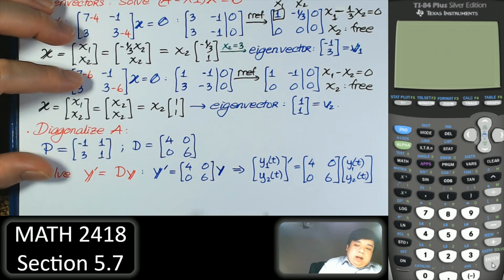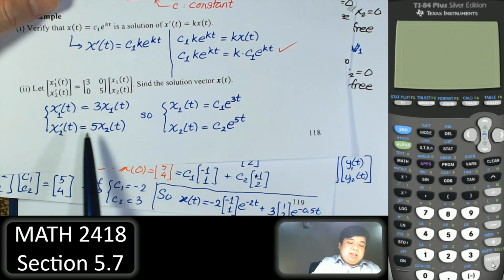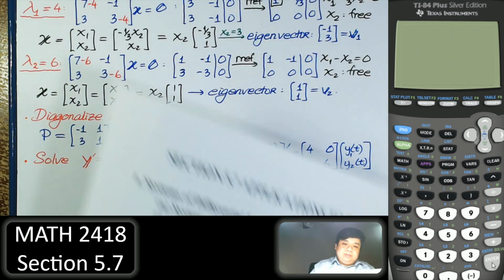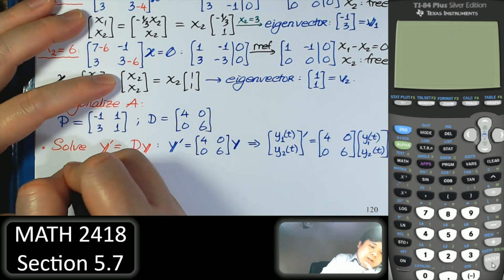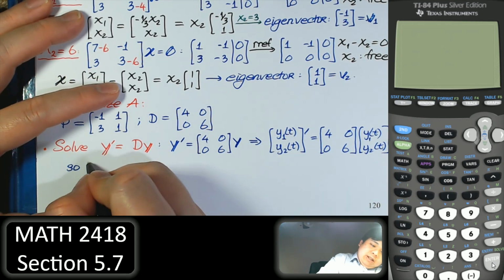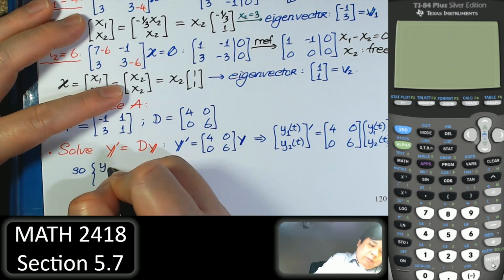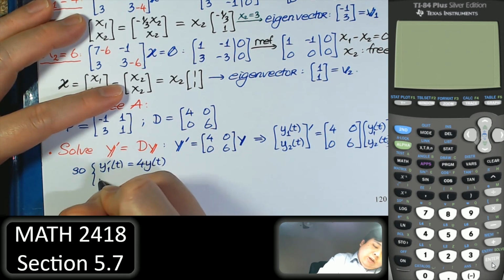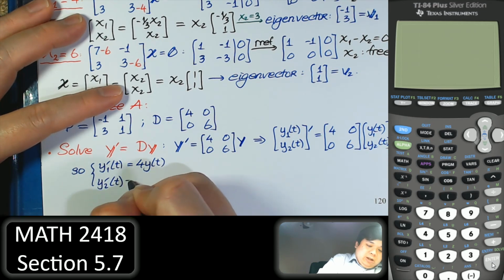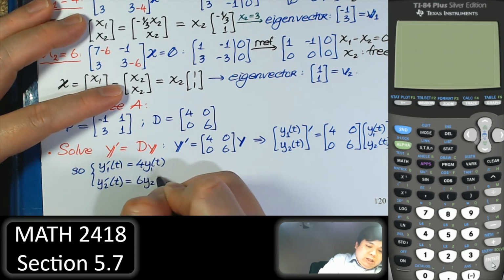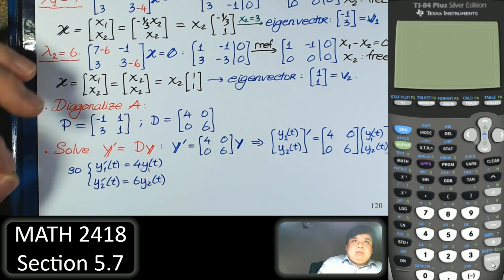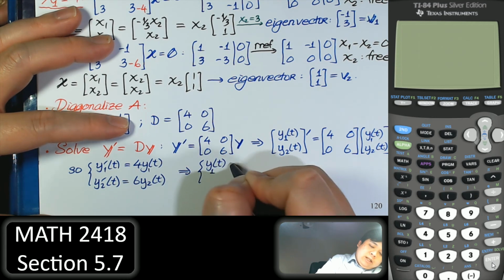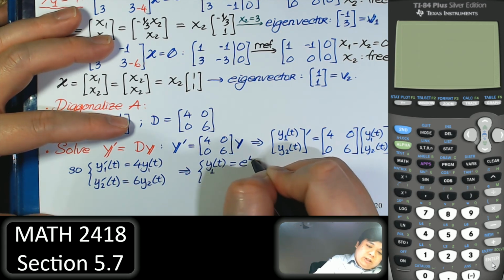Right. Of course, that's what we did on the first example. So that's going to give us y1 prime of t equal to 4 y1 of t, y2 prime of t equal to 6 y2 of t, and each equation is simple, so we just say y1 of t equals e to the 4t.